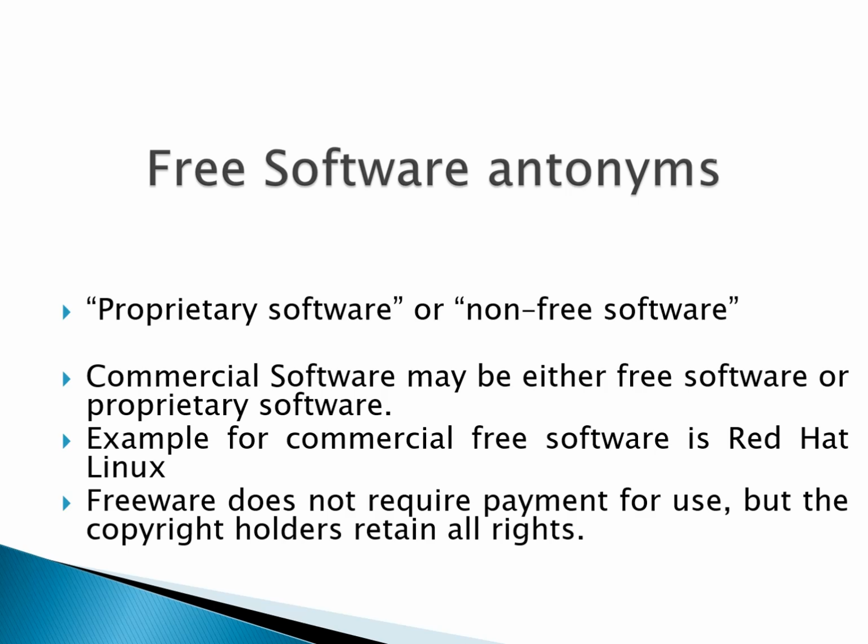Commercial softwares may be either free software or proprietary software, so there is a possibility of becoming a free software even though there are commercial softwares in the market. An example for a commercial free software is the Red Hat Linux operating system. Linux, as we know, is an operating system which is freely distributed amidst its users, and it can be modified and redistributed. This operating system, Red Hat, is actually an example of commercial free software.